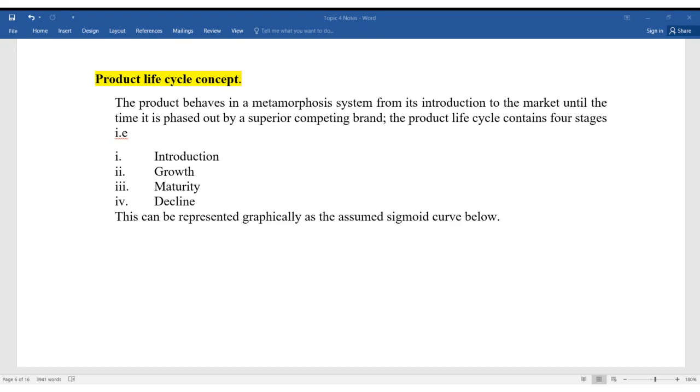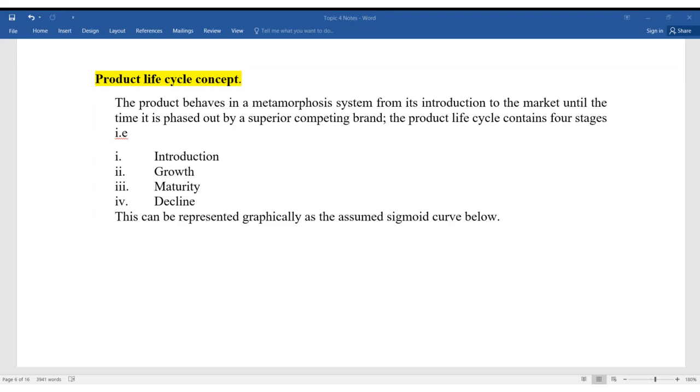Secondly, I want you to look at the reason for the behavior of the curve, that is the behavior of the product life cycle curve at each stage. I'm going to show you the curve in a moment, but take note of that. These are the reasons for the behavior of sales of a product at each stage.